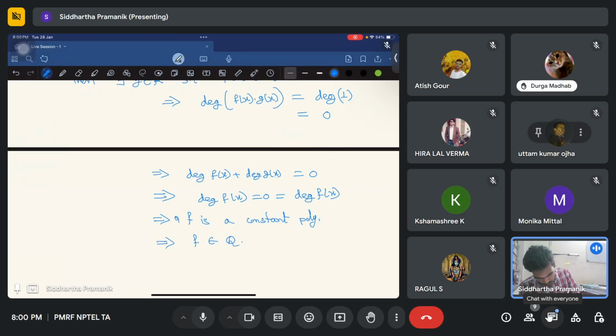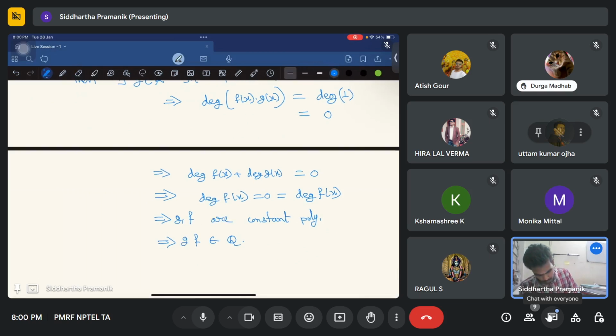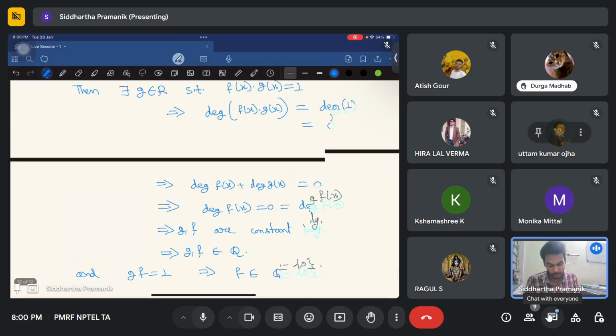So f and g are constants, and g times f is 1. So that means f belongs to Q minus 0. So f must be a non-zero rational number.